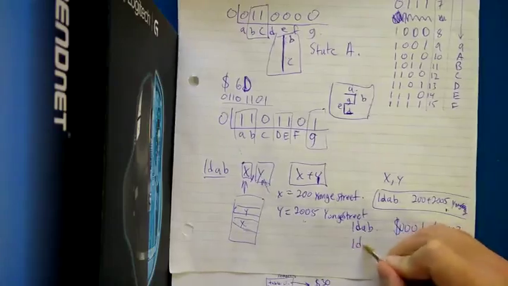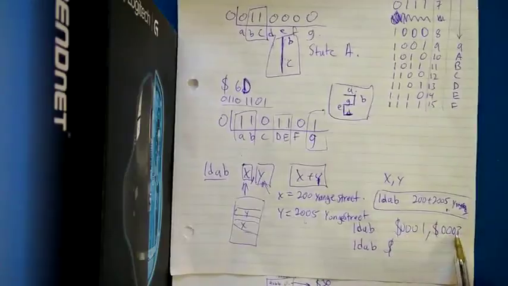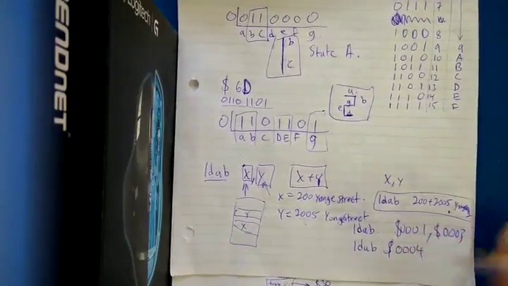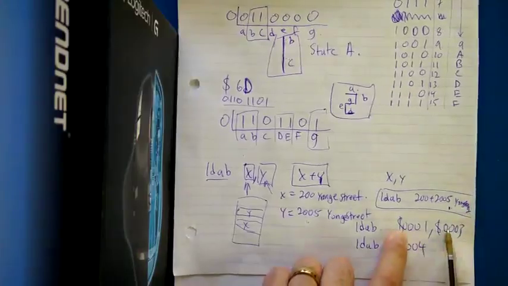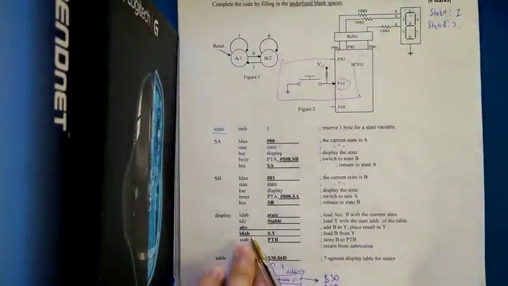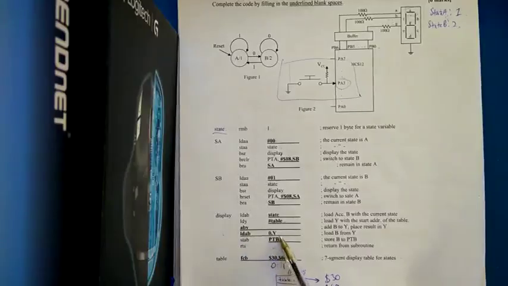What it actually means is load accumulator B with 0001 plus 0003, which is 0004. So it actually means this guy plus this guy. There's an offset, okay? But in this case, when I say load accumulator B with 0 and Y, I'm saying load accumulator B with 0 plus Y, which is just load Y.